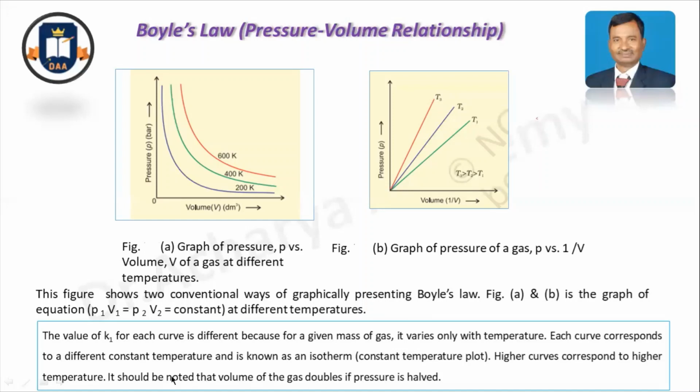And it should be noted that the volume of the gas doubles if the pressure is halved. Definitely, from this equation, P1 V1 is equal to constant. When V is doubled, then pressure should be halved, so that these two and these two cancel, and ultimately the PV product remains constant.